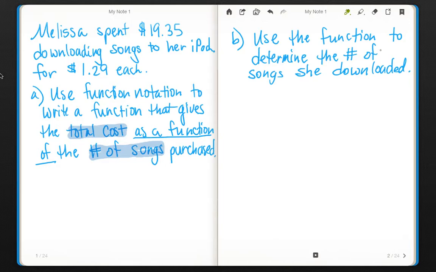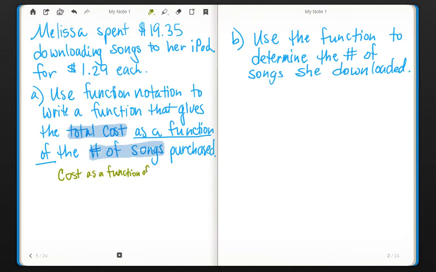Okay, so let's go back to part A. So we've got cost as a function of the songs. So cost as a function of the number of songs.